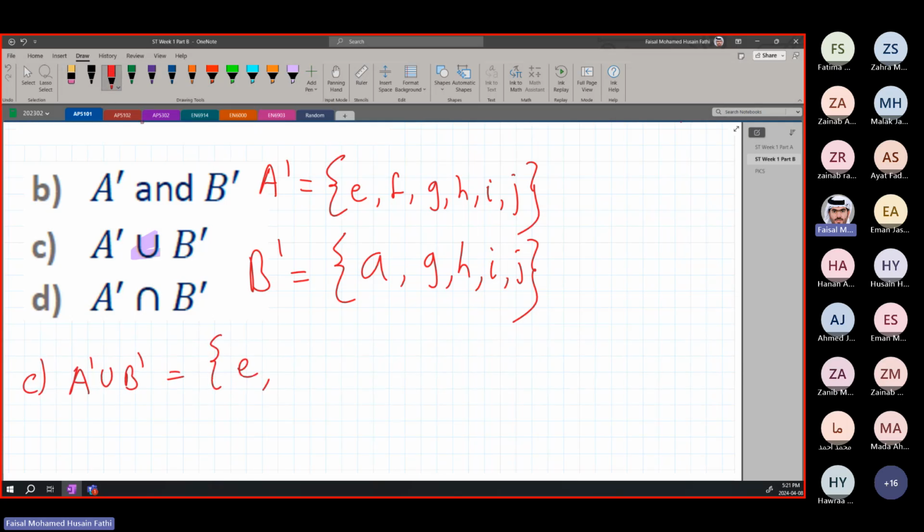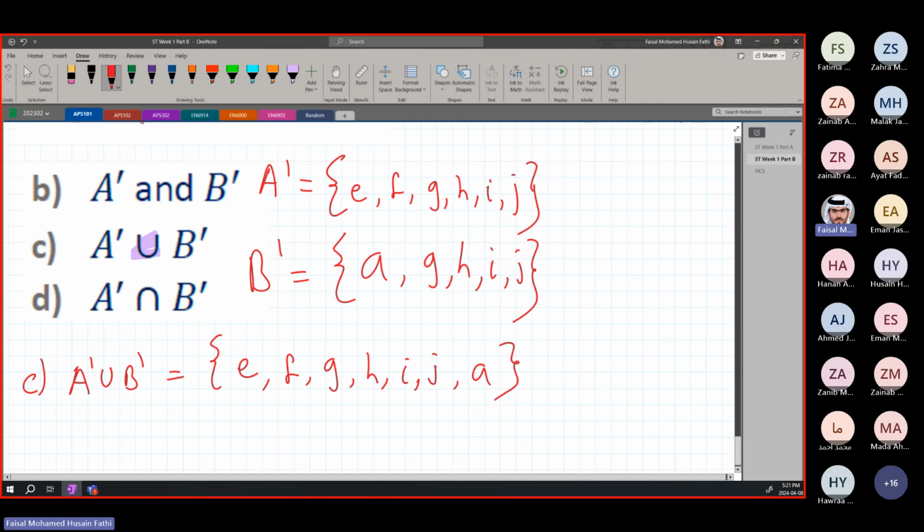So E, F, G, H, I, J. And now the remaining ones from B. So A is not repeated, G is repeated, H is repeated, I is repeated, J is repeated. Okay, and that's it.